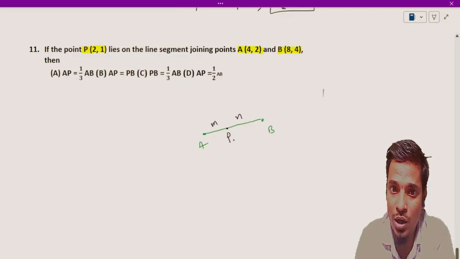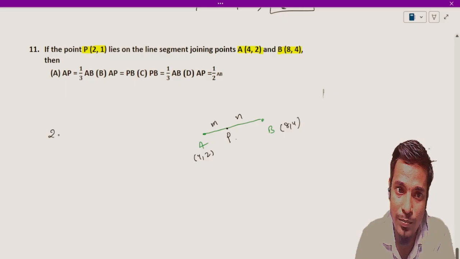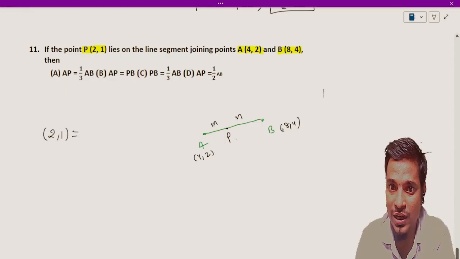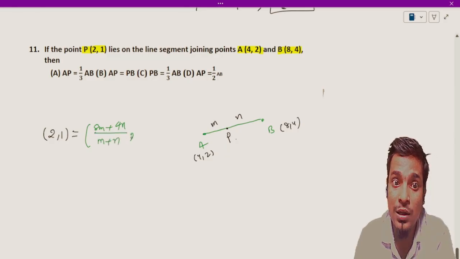So we can find the coordinate of P with the help of the coordinates of A and B. As the coordinate of P is given, this coordinate of P will be equal to the coordinate of P found with the help of this ratio and the coordinates of A and B. We can write it as m times 8, so 8m, plus n times 4, so 4n, divided by m plus n, right?